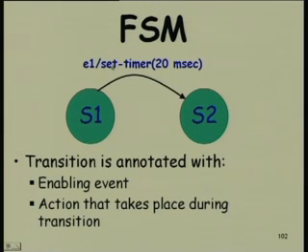So, this was the basic syntax that we had mentioned: between two states, if there is a transition, it is annotated with the event which enables the transition to take place, and some actions that take place while the transition occurs.